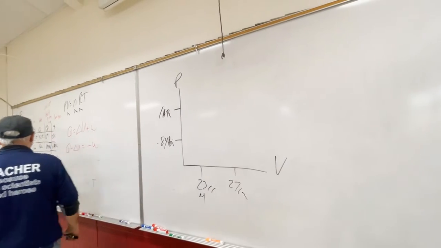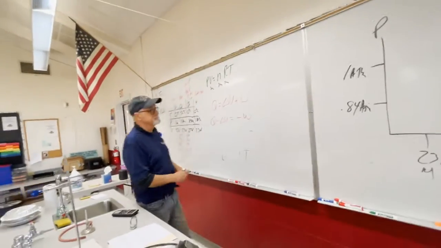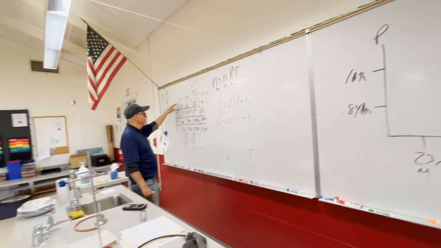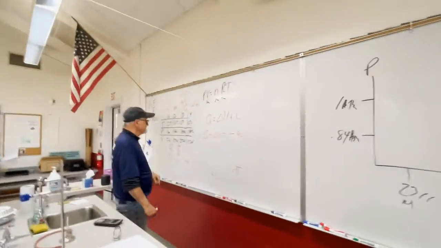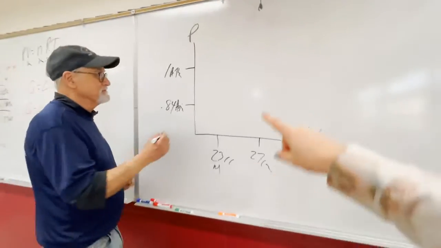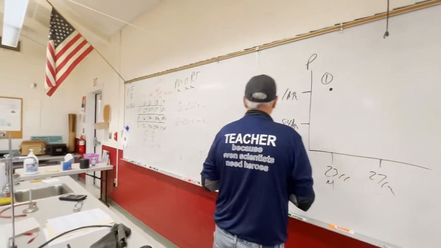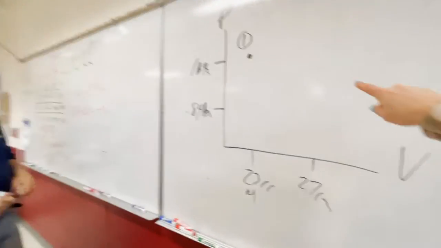All right, so where should we put state 1? We're going to have dots on a PV diagram. The first one is going to be 1 atmosphere and 23, up there. So that's 1. Number 2 is 1 atmosphere, 27 milliliters, so right there.